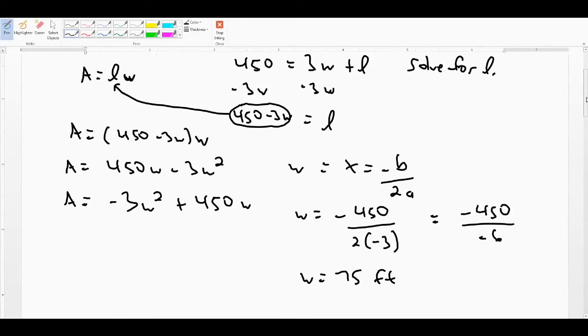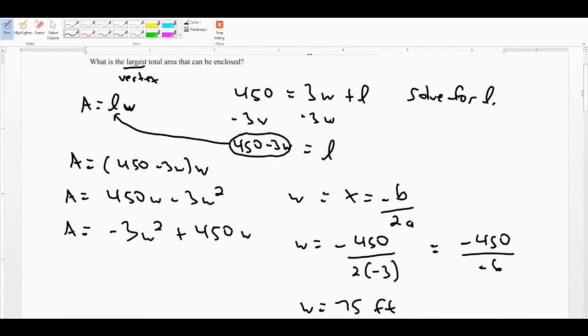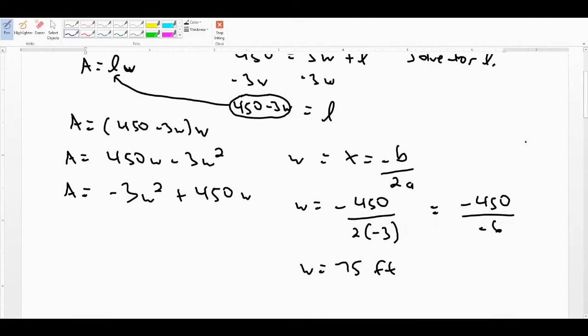Now here's the thing. I don't need the length. It's not asking for the dimensions. Or maybe I do. Since it's asking for the largest total area, and the area is length times the width, that does mean that I do need the area. So here's what I was getting at. If it asked for the dimensions, then I would find the length using this.